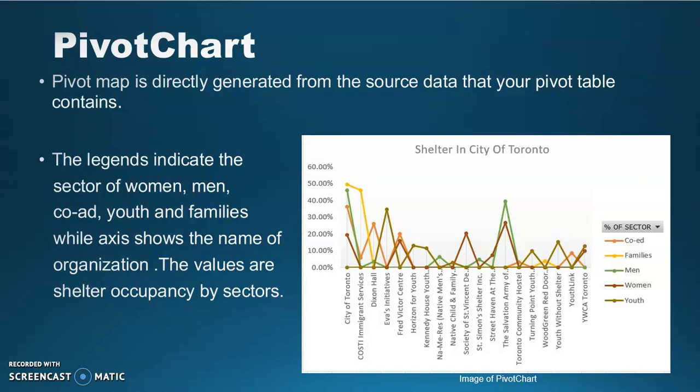This line chart is of shelters in the city of Toronto. In my chart, the legend indicates the sectors of women, men, co-ed, youth, and families, while the axis shows the names of organizations, and the value is occupancy of shelters by sector.